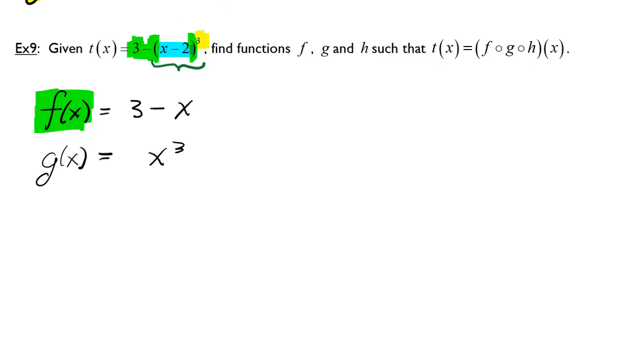It's this x minus 2. And so when I look at h of x, I need x minus 2 to be the innermost piece. So just to highlight everything, g of x is the cube root, and h of x is x minus 2.